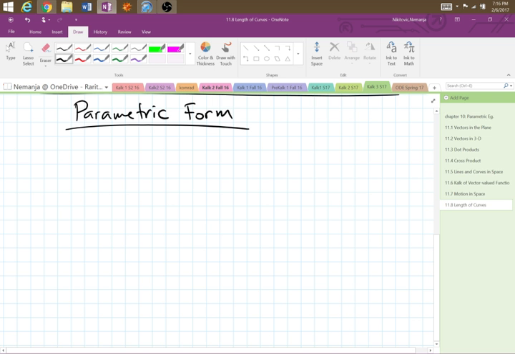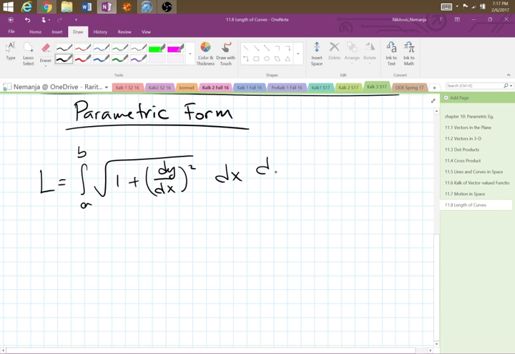Parametric form would be when we take L, which is the integral from a to b of the square root of 1 plus dy over dx squared dx, and we multiply this by dt over dt.